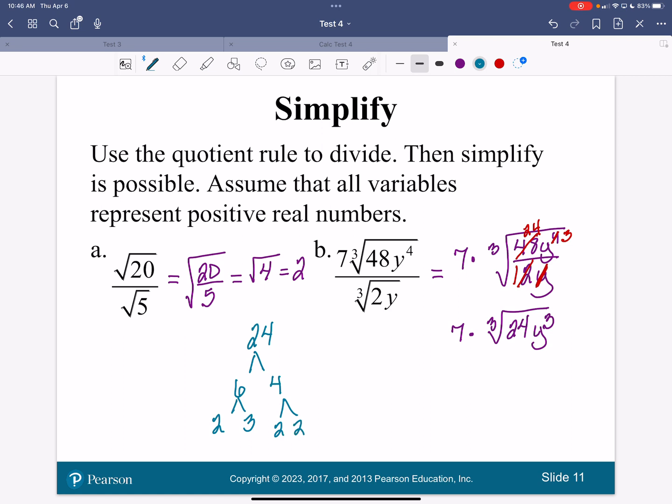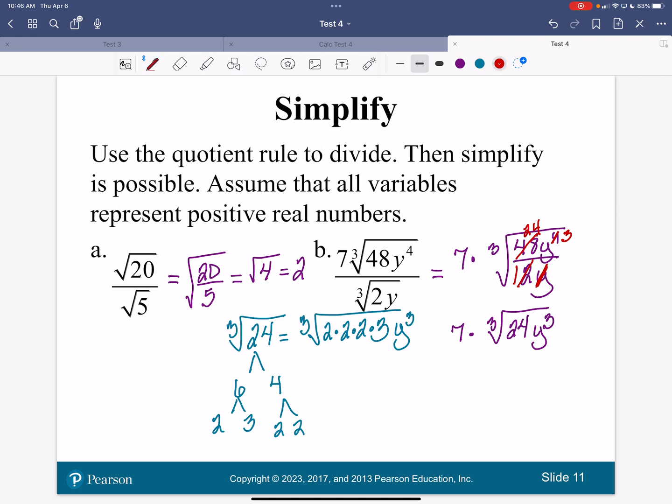Okay, so I'm going to keep my 7. Well, actually, I'm going to just deal with my 24y to the 3rd. Okay, so my 24. So I'm going to have the cubed root of that. So I'm going to have the cubed root of 2 times 2 times 2 times 3. And then I've also got y to the 3rd.